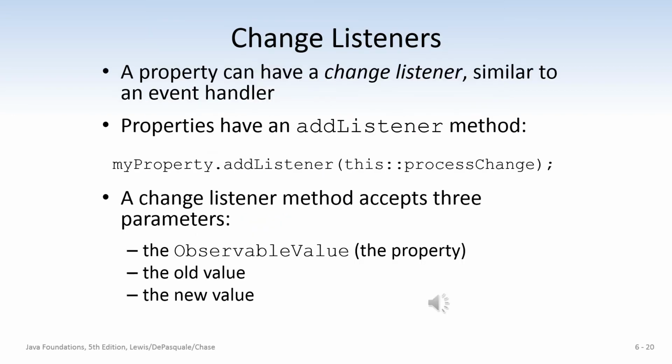A property can have a change listener, which is similar to an event handler. Properties have a method named addListener. So a change listener method accepts 3 parameters: the property, which is called the observable value, the old value, and the new value.